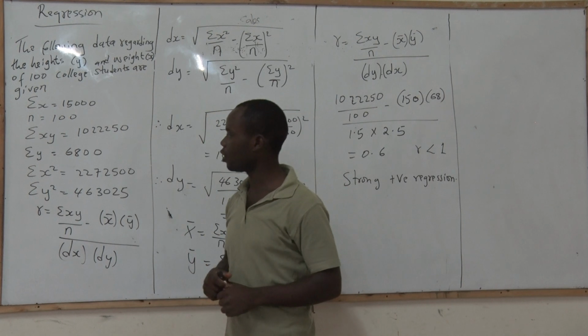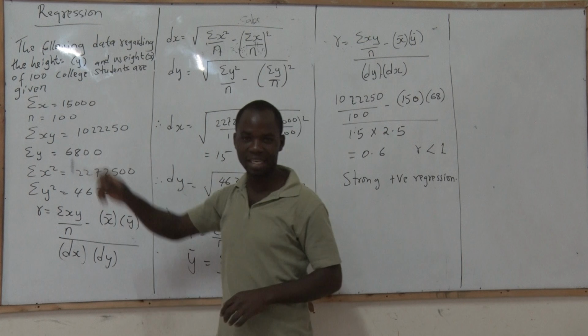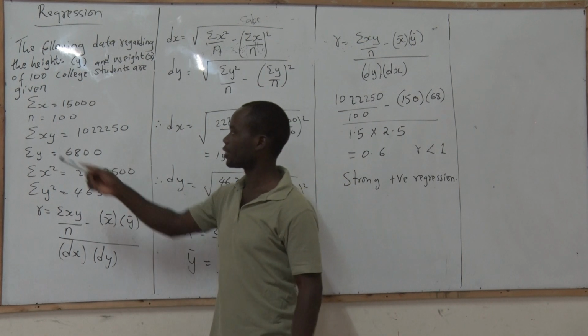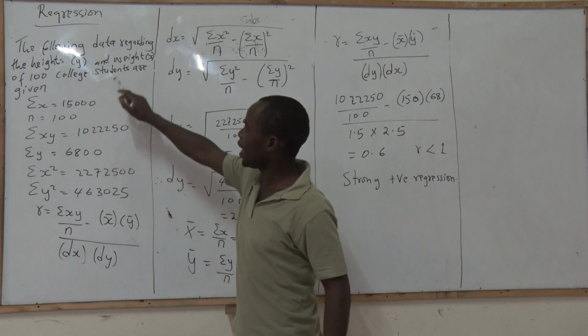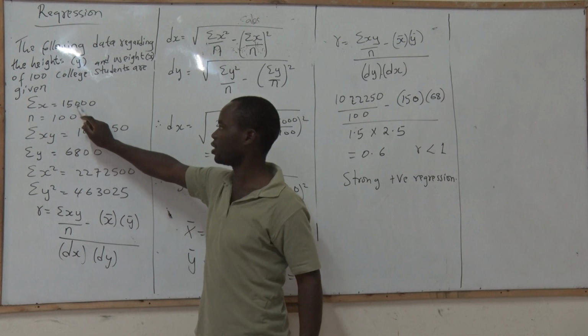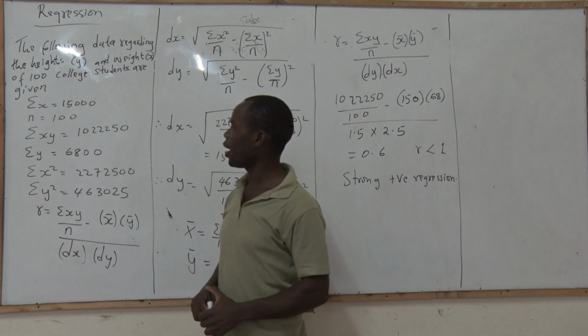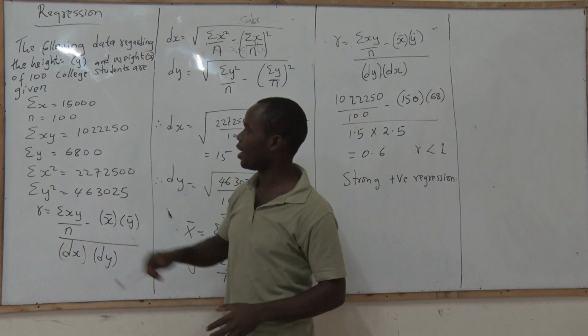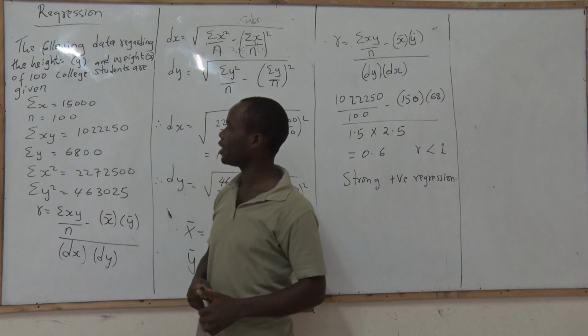So we extract this data from a table which has been constructed. The sum of the weights, that is X, is 15,000, and the number of students is 100, so N is 100.